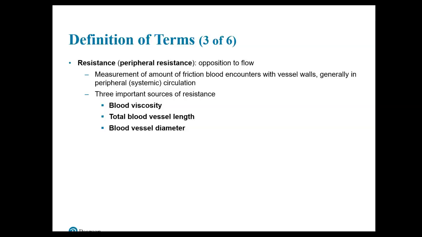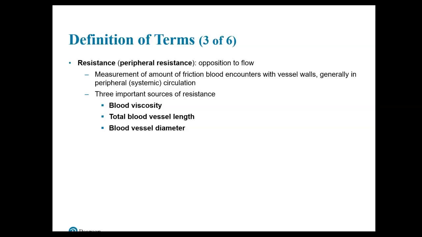But blood viscosity is the thickness of the blood, the density of the blood, the total length of a blood vessel. And if you think about this, when a person gains weight and they get larger, their blood vessels that travel around their periphery of their body are going to get longer because they have a longer way to travel.